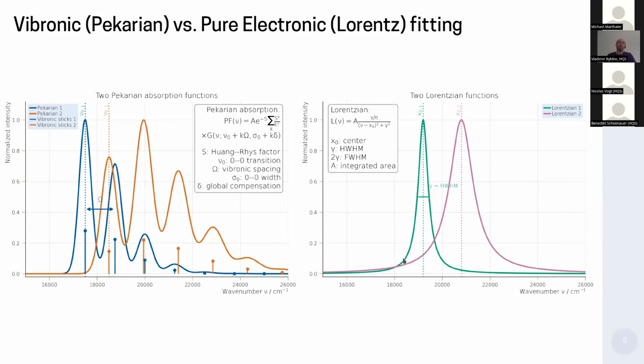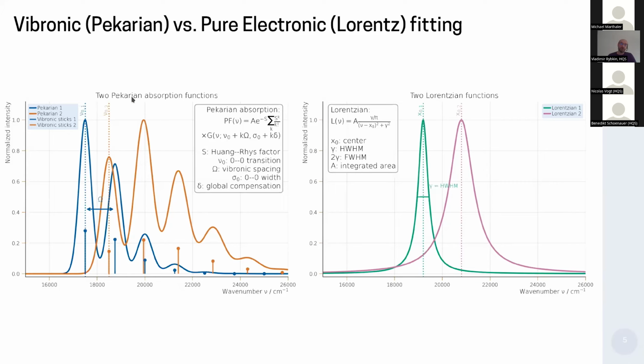It's just the belief that an electronic transition is one line parameterized with a simple function, having 3 parameters: A, the intensity, so the height, x0, the center position, so the absorption maximum, and then the half width at half maximum. As simple as this.